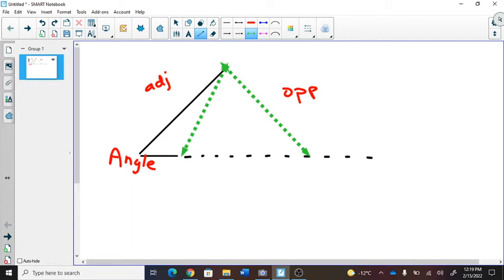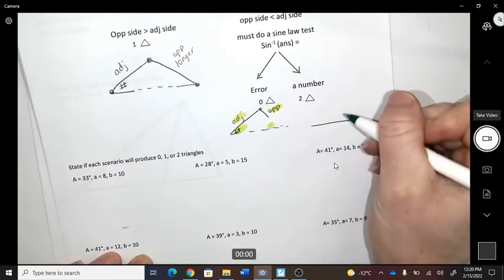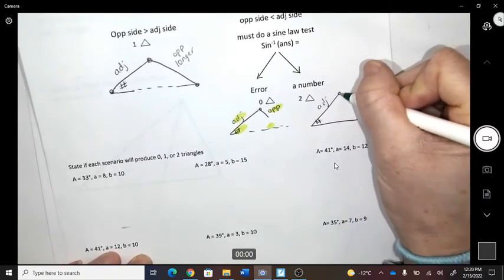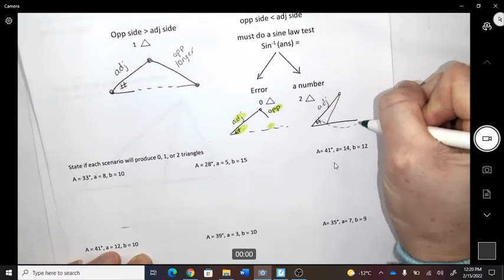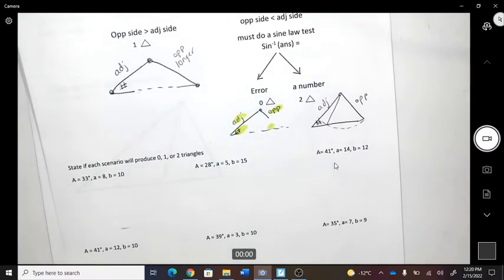So I just made the opposite side a little bit shorter, and then I realized it could have met there, or it could have touched there. So that's the third situation that could happen. If this is the adjacent, and the opposite is a little bit shorter, there could possibly be two triangles then.